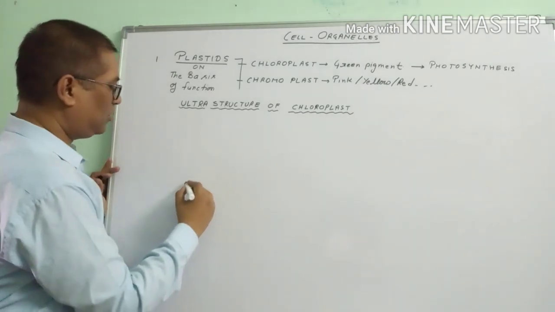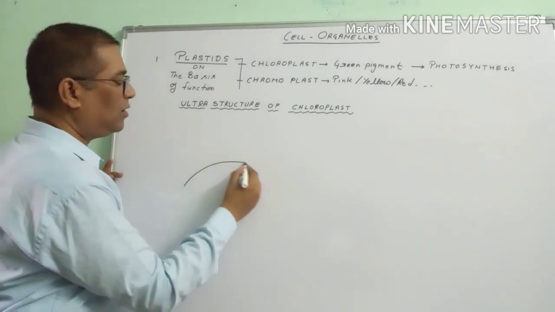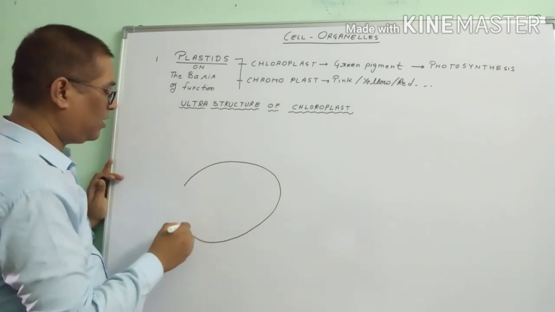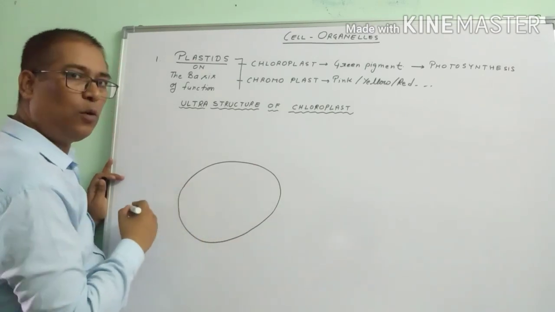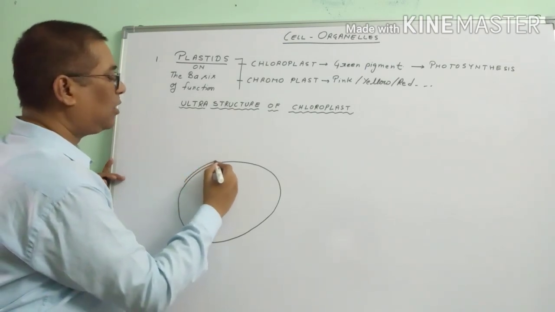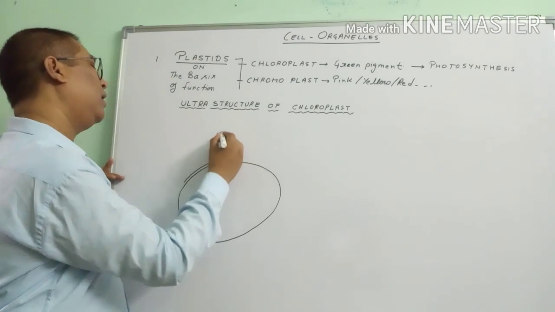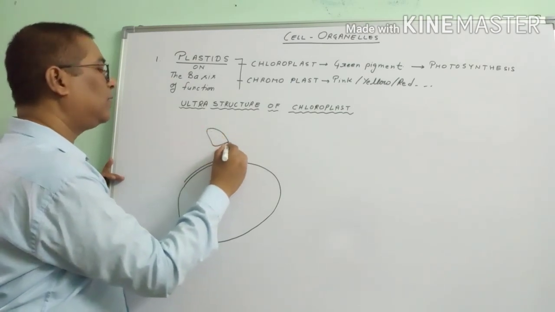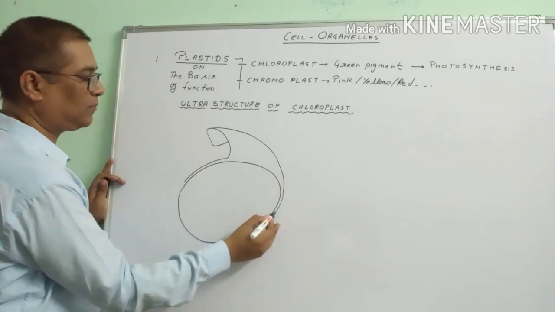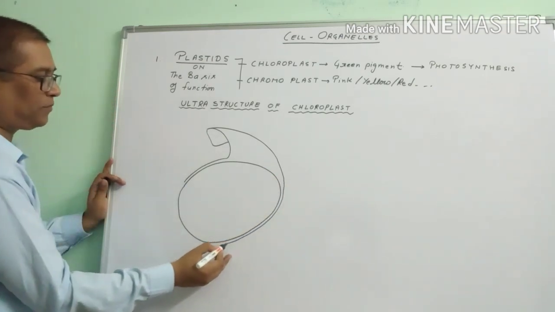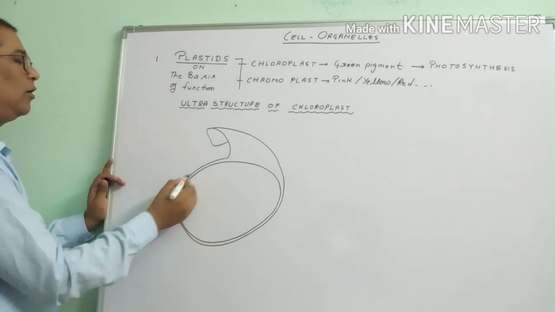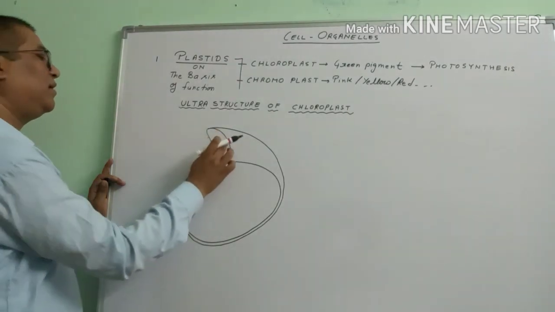I am again starting that chloroplasts are spherical or oval in shape and it is double membranous.